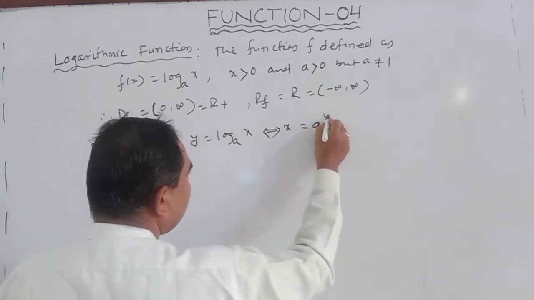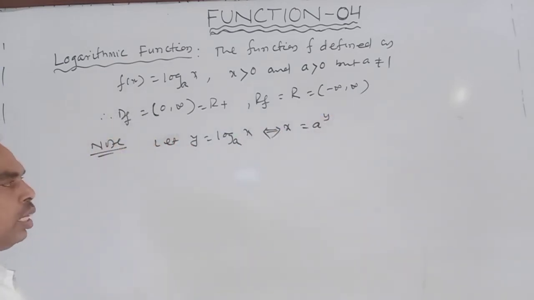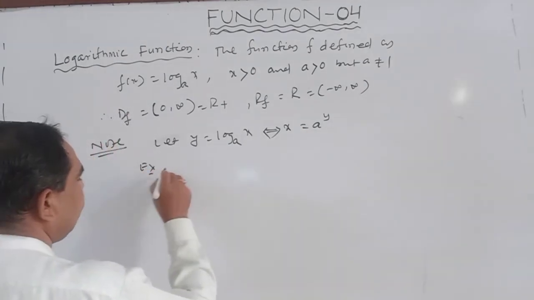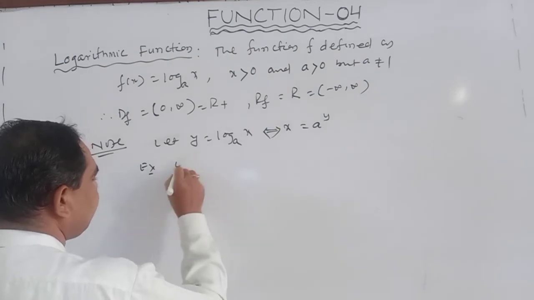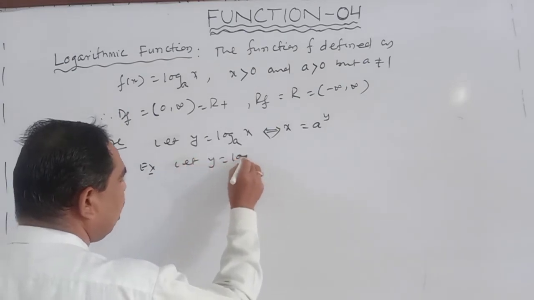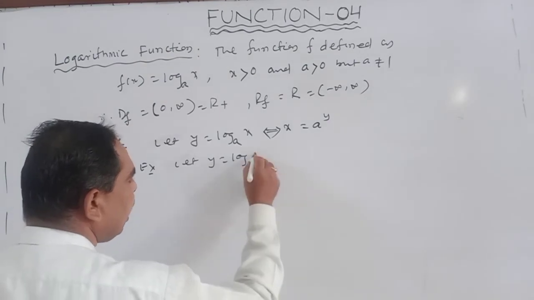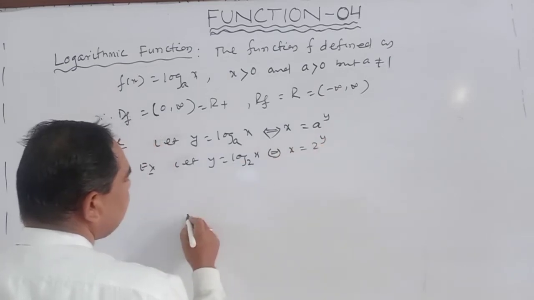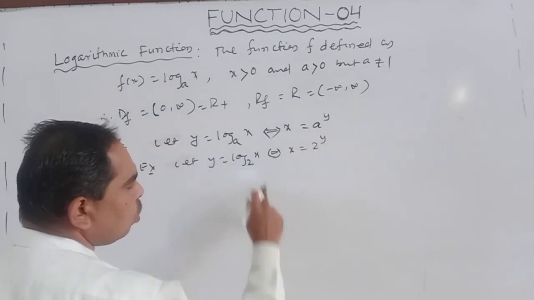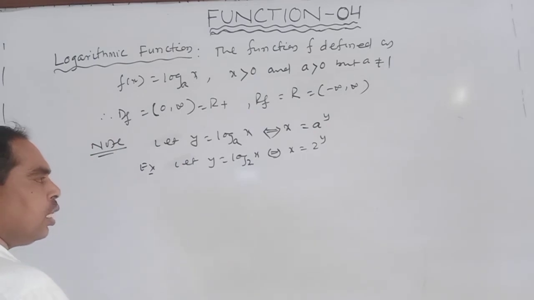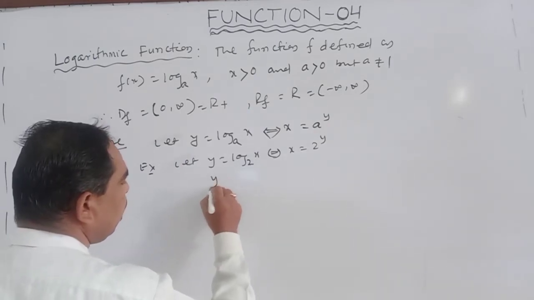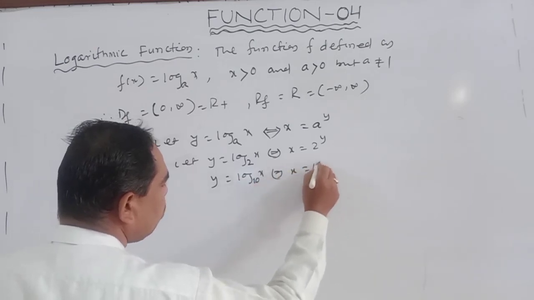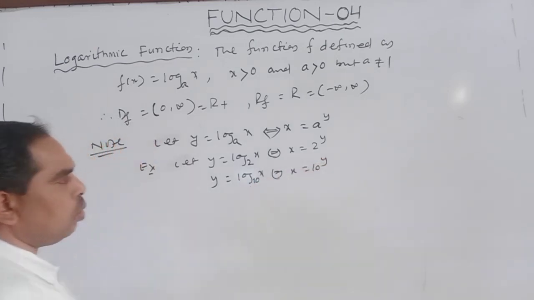Example, let y is equal to log of x base 2, so x is equal to 2 to power y. Similarly, y is equal to log of x base 10, so x is equal to 10 to power y. So they are opposite to each other.